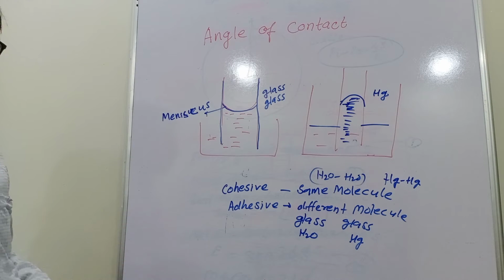A very simple example is that water sticks with the glass, whereas mercury does not. And the reason why mercury does not stick with the glass is that the adhesive forces are smaller than the cohesive force between the mercury molecules.